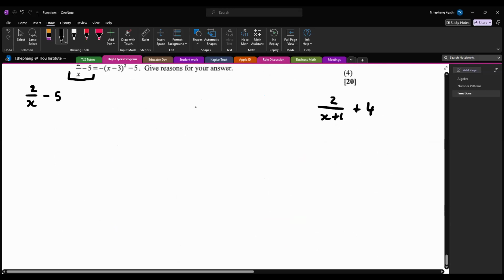I'm going to try and relate the two. What's happening to F? It was originally this, now I have 2/(x - 5). It means that F was shifted 1 unit to the right, and 9 units down.